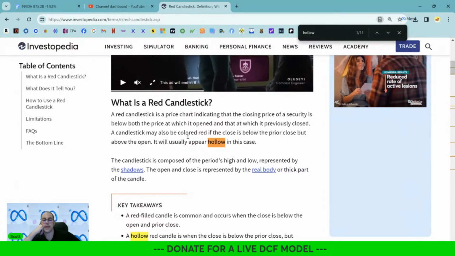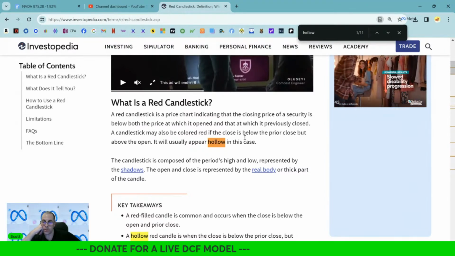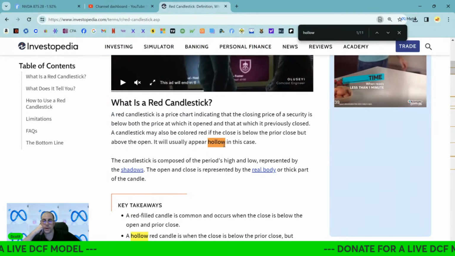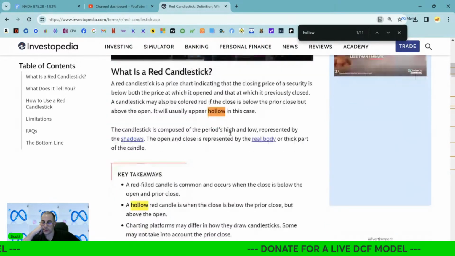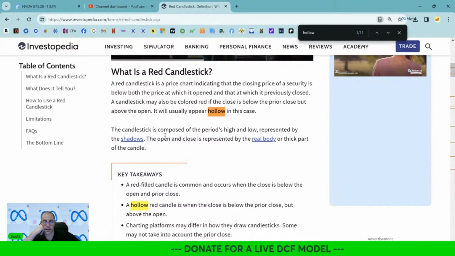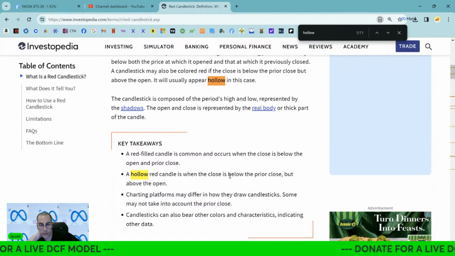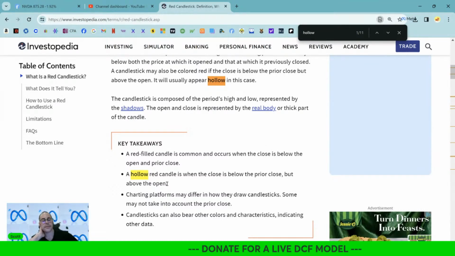The candlestick may also be colored red if the close is below the prior close but above the open. It would usually appear hollow in this case. I think that might answer it, but I have to read it again because I don't think I was concentrating. A hollow red candle is when the close is below the prior close but above the open. Okay.